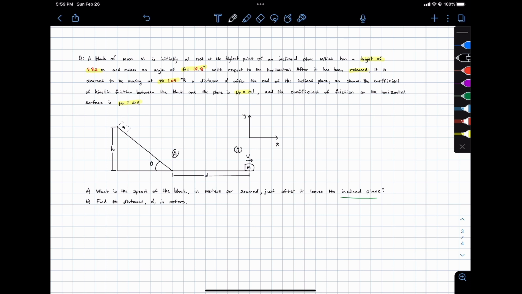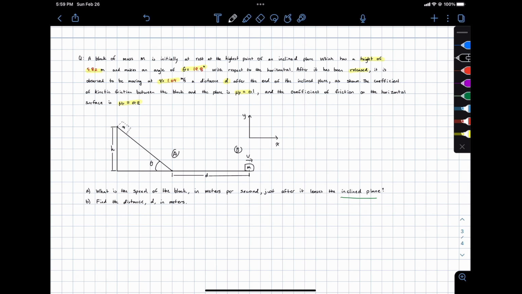After it has been released, it is observed to be moving at 1.04 meters per second, a distance d after the end of the inclined plane, as shown. The coefficient of kinetic friction between the block and the plane is mu_p, which is 0.1, and the coefficient of friction on the horizontal surface is mu_r, which is 0.2.